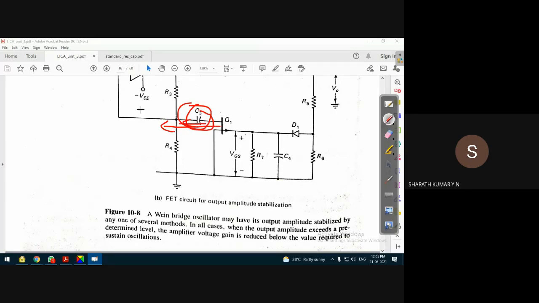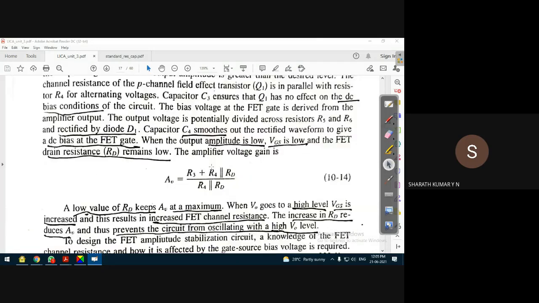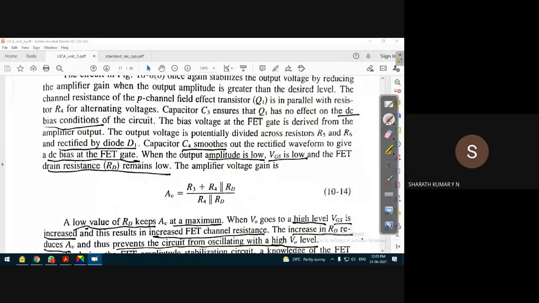Hence the current in this network is a pure AC current, not DC current, because it is an AC amplifier, so the AC amplifier operation should not be affected by the DC current. Where is the DC current coming from? It is coming from the rectifier circuit built using the diode D1. So that is the purpose of capacitor C3.